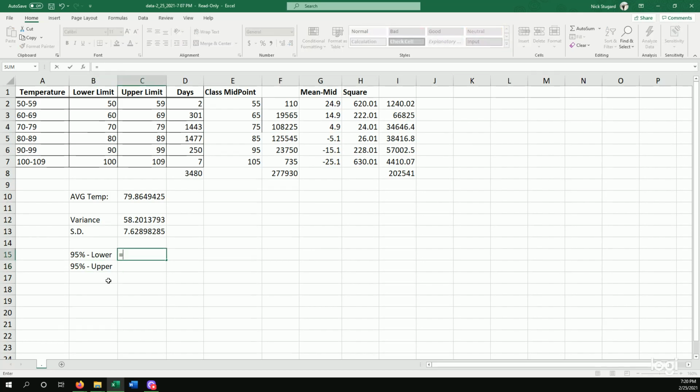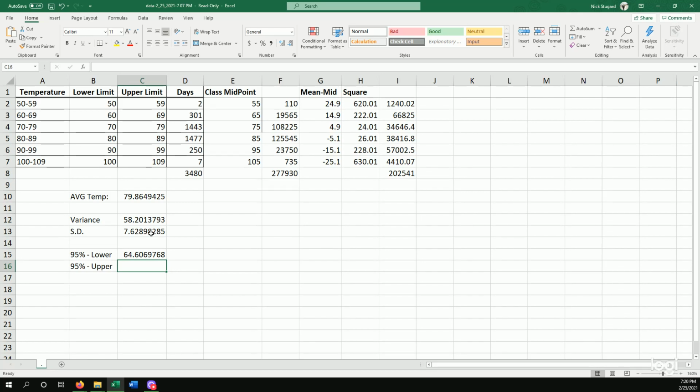So it's a formula. The lower bound equals our average temperature, and we subtract 2 of the standard deviations. So 2 times, and make sure you put the times sign, Microsoft Excel really wants you to put that, and my standard deviation. Enter.